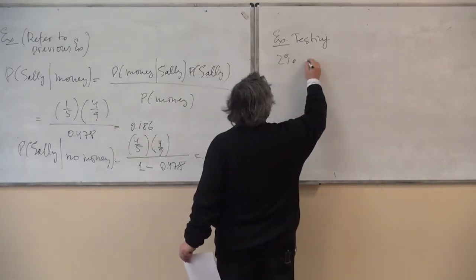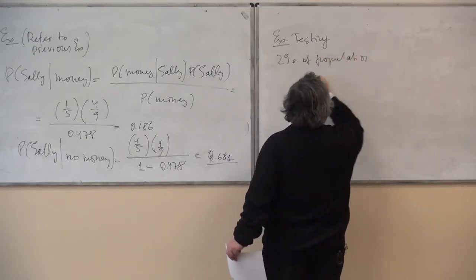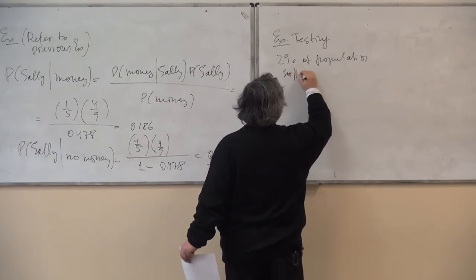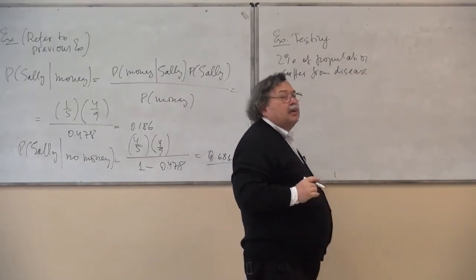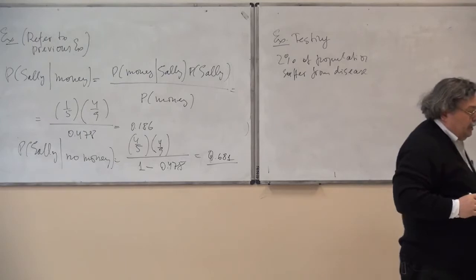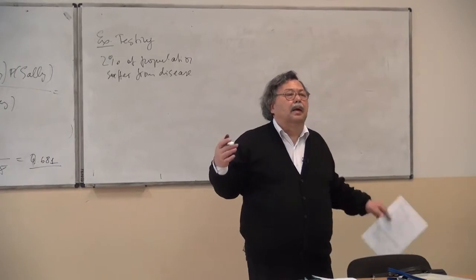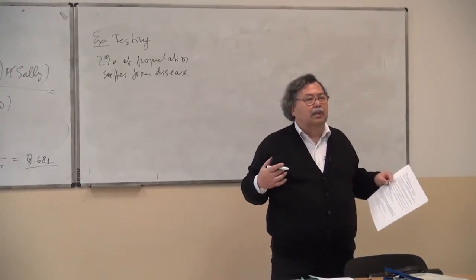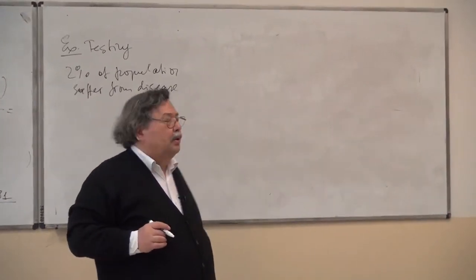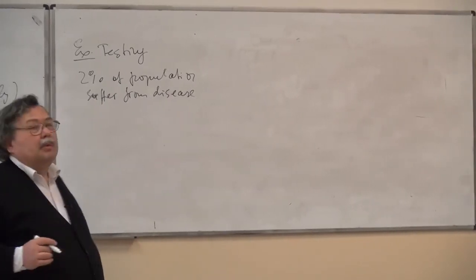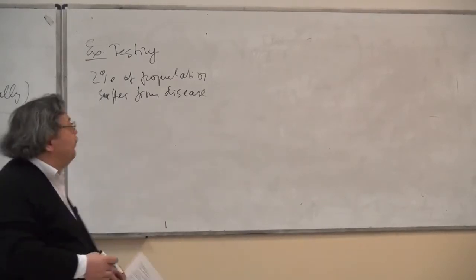So 2% of the population suffer from a certain disease. But the disease is of the kind that may develop for a considerable length of time in latent form, unknown to the bearer of the disease, to the sick person. And this is a serious and dangerous situation. Well, 2% of the population are known to have this disease, even unaware of it themselves.